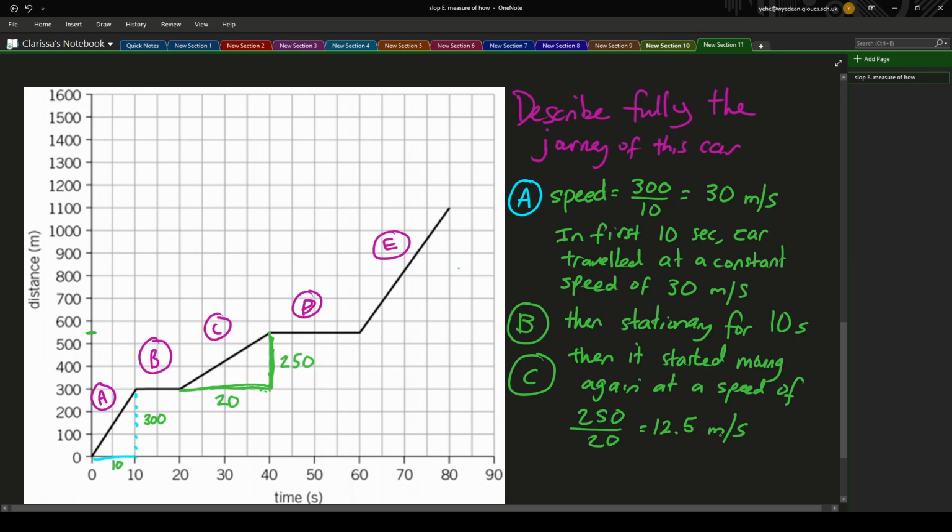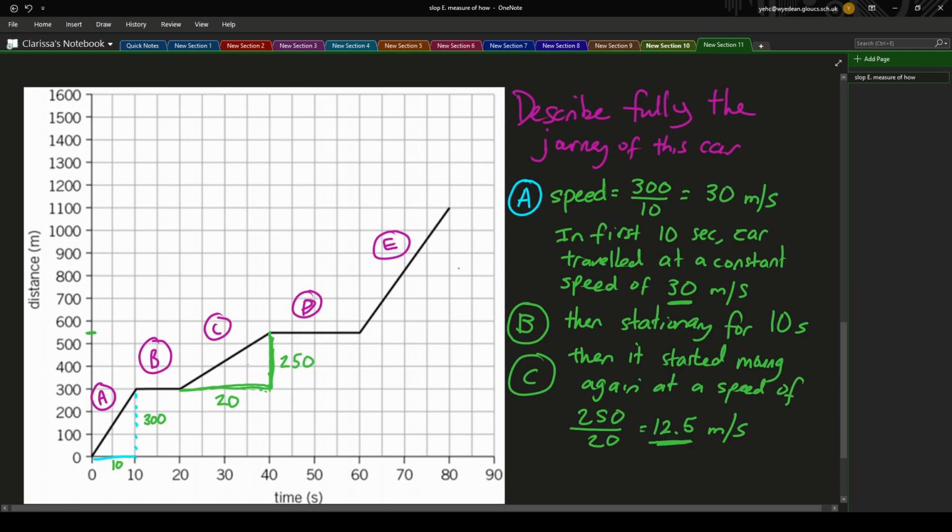So then the car started moving again. Notice that at this point, our speed is a bit lower than the first speed we started off at. So in part A, its speed was 30, and then at part C, it was 12.5.